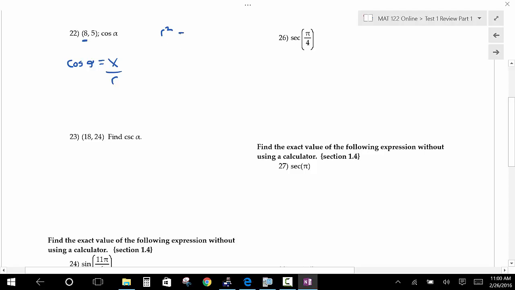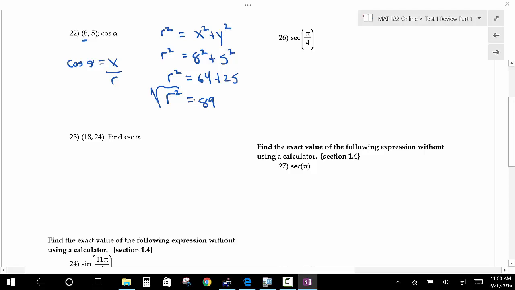So we've got to use the Pythagorean theorem. r squared equals x squared plus y squared. So r squared is equal to 8 squared plus 5 squared. r squared then is 64 plus 25. So that would be r squared equals 89.